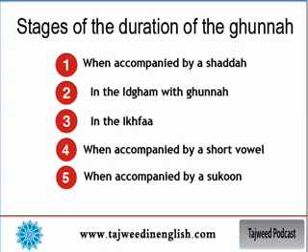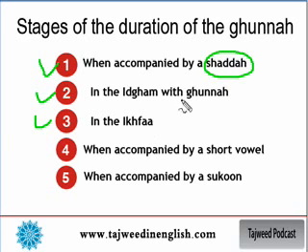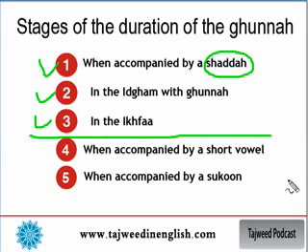Whenever it is idgham, you give the emphasis of the idgham and give it its time, same as the ikhfa. So I would say that the 3 parts mentioned, part number 1, part number 2 and part number 3, would be slightly similar. The only thing is that the shadda has to be given more emphasis by giving time to the ghunna, otherwise all 3 of them would be 2 counts. The last one is the least.